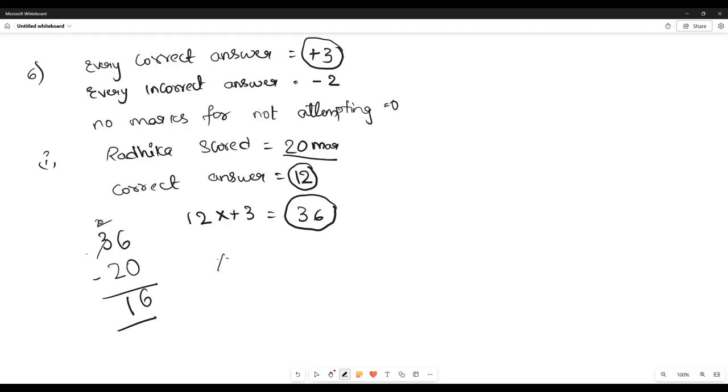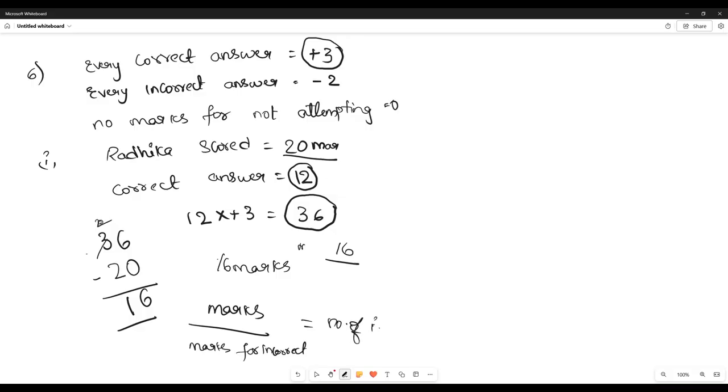Here, she got minus 16 marks. How do you know how many questions she wrote incorrect? Marks divided by the mark for incorrect gives the number of incorrect questions.